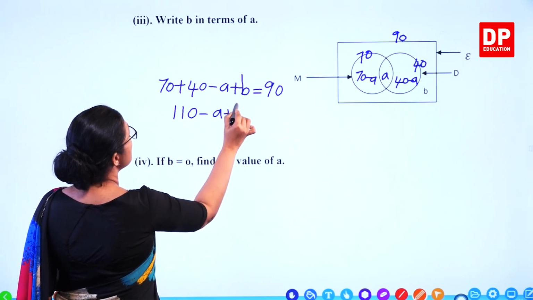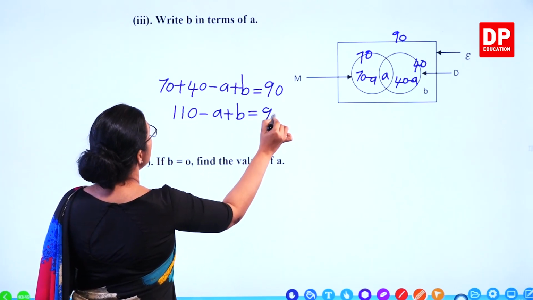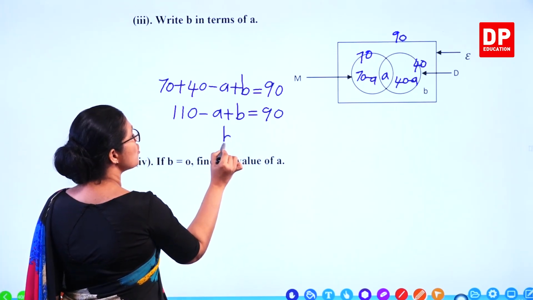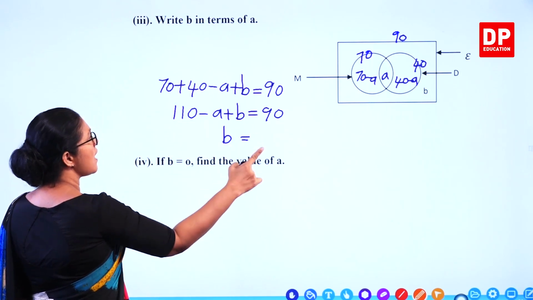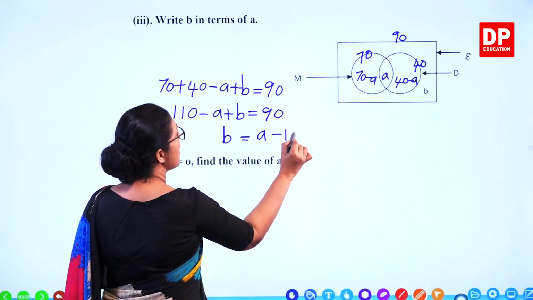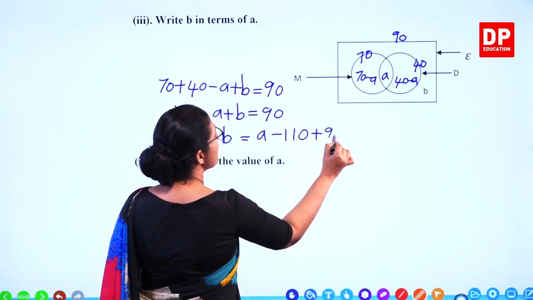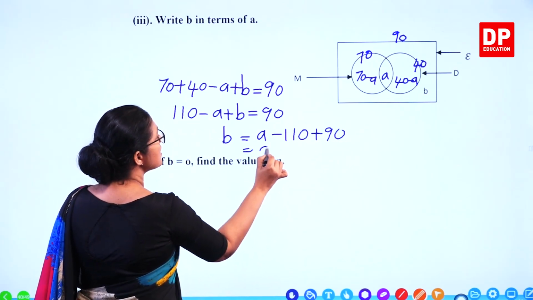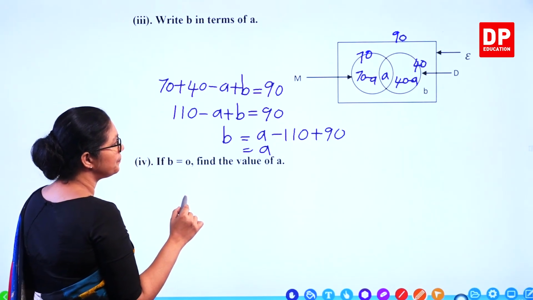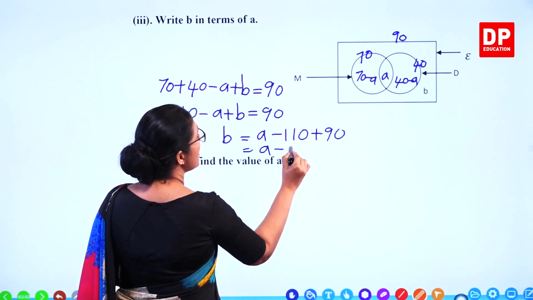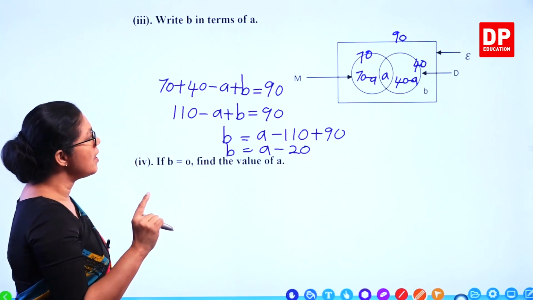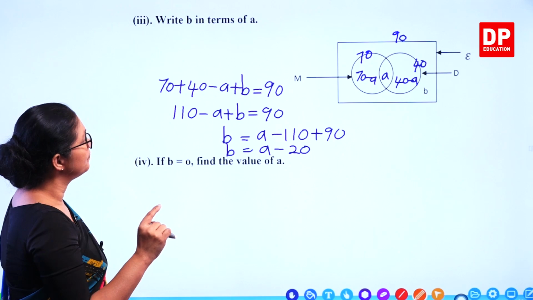Minus A plus B equals 90. You need to write B in terms of A. So we'll make B the subject and take all terms to the other side. You get A minus 110 plus 90. So this is 110 minus 90. You get minus 20. So B is equal to A minus 20.